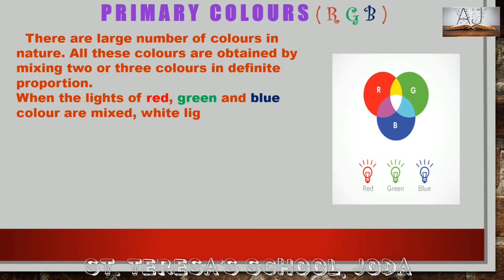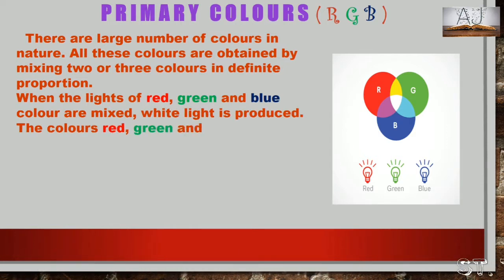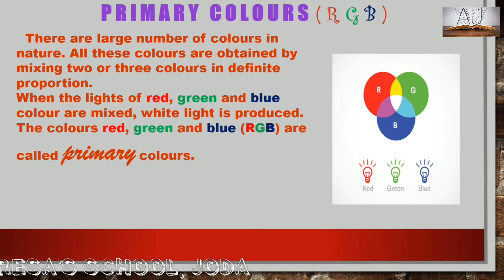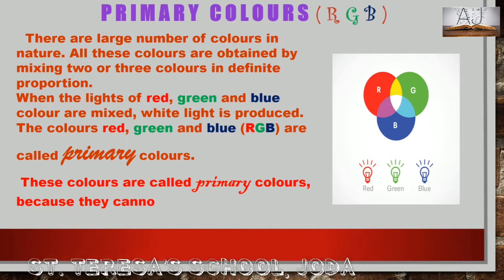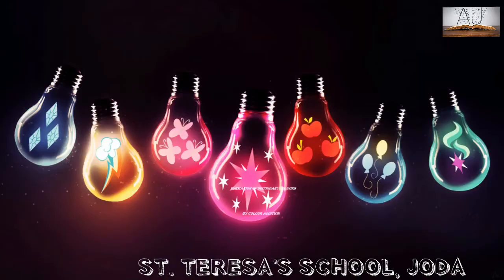When the lights of red, green and blue color are mixed, then white light is produced. The colors red, green and blue, that is RGB, are called primary colors. But why are they called so? These colors are called primary colors because they cannot be made by mixing any other colors.